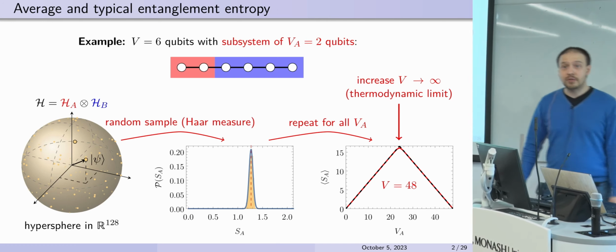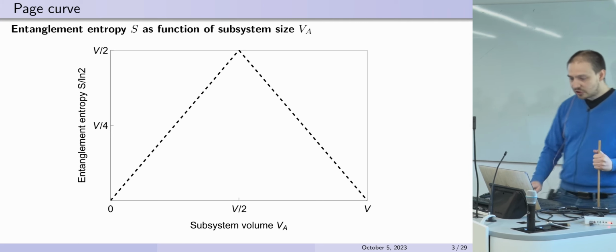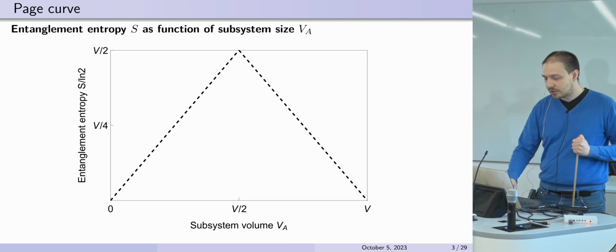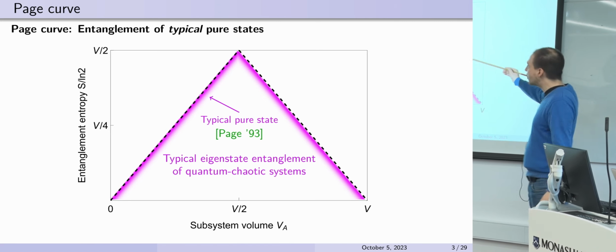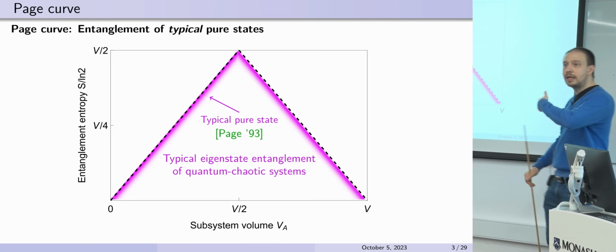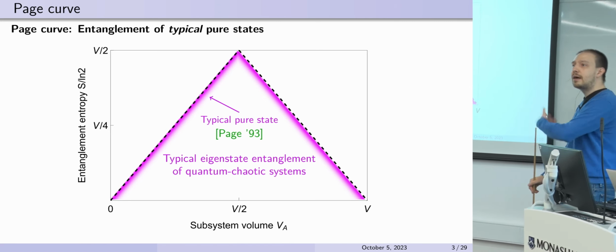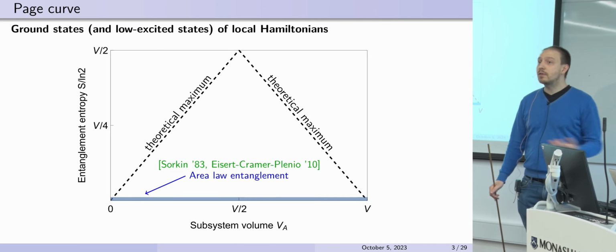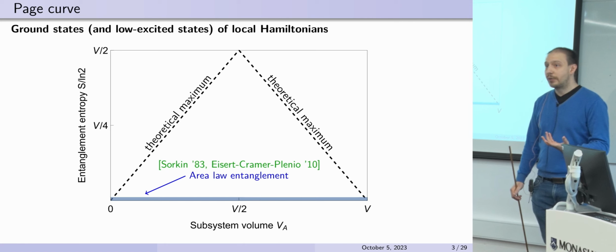Yeah. Thank you. So this is this picture plotting entanglement entropy versus subsystem volume, and let's just go a little bit through the catalog of states that you can look at. So what I just showed was typical pure states, so really in the thermodynamic limit, all states in Hilbert space. Then something that people study a lot in quantum matter physics is not a random state in Hilbert space, but a ground state of a physical Hamiltonian.